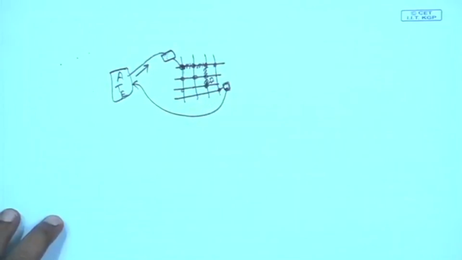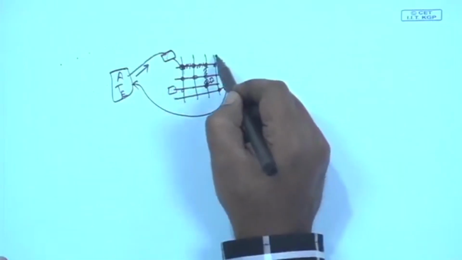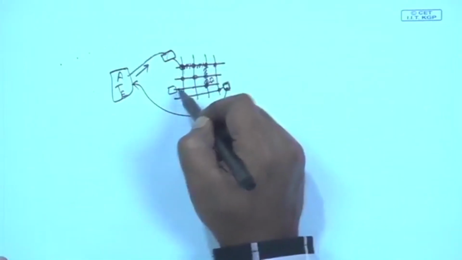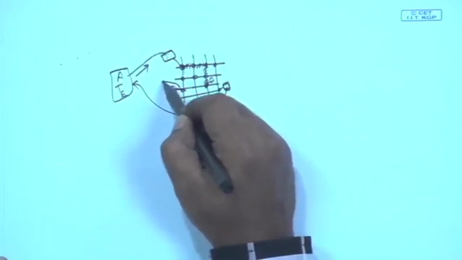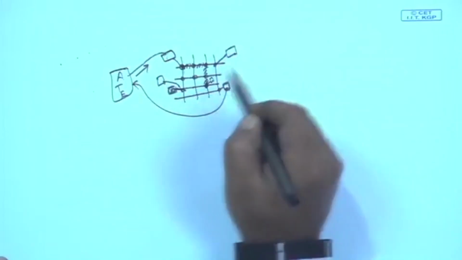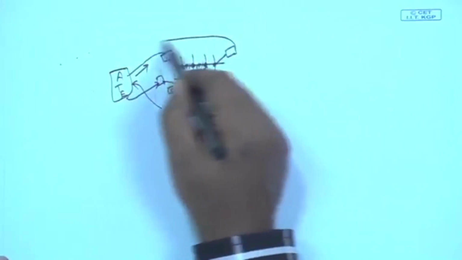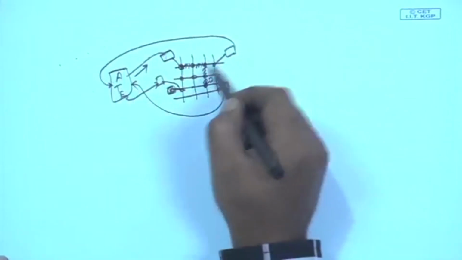Suppose this ATE has multiple channels, so there is another channel that uses, say, this core as a source and the core attached here as a sink. So, the input is fed to this core and the output is collected from that core.